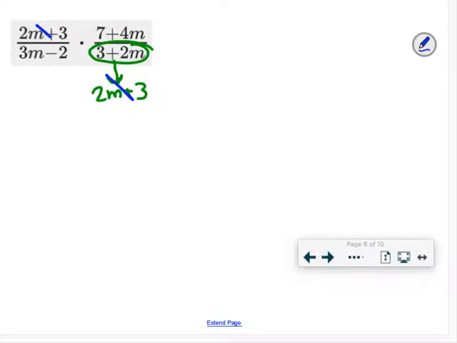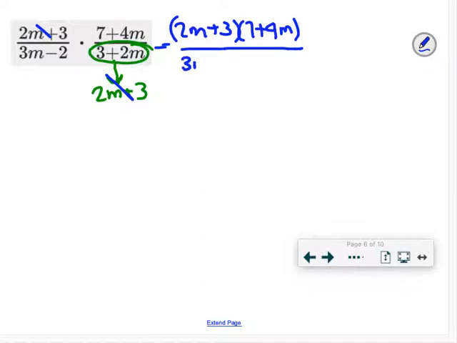How can you put 7 plus 4m over 3m minus 2 if you have to multiply them first? Because they cancel out, they're on separate sides. Well, do you agree that if I were to just multiply them right away, it would be 2m plus 3 times 7 plus 4m over 3m minus 2.